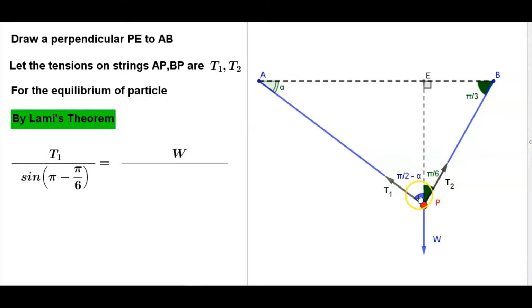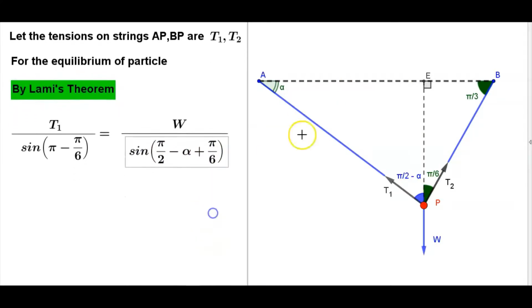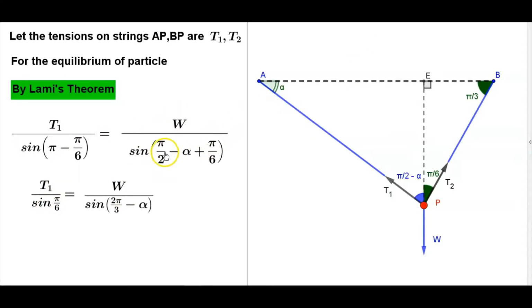This angle, this one is pi by 2 minus alpha, this one is pi by 6. Now this angle is pi by 2 minus alpha plus pi by 6, so sine of pi by 2 minus alpha plus pi by 6. When we simplify, sine of pi minus theta is sine theta. Therefore, T1 over sine pi by 6 is equal to W over sine of, when we add these two terms, pi by 2 plus pi by 6, that is 2 pi by 3, minus alpha.